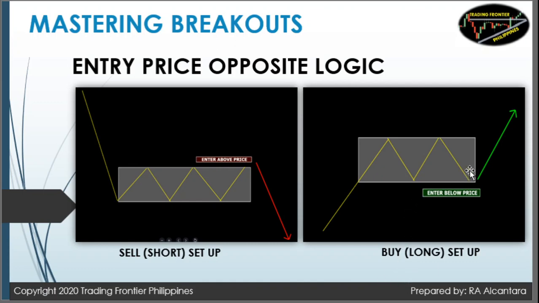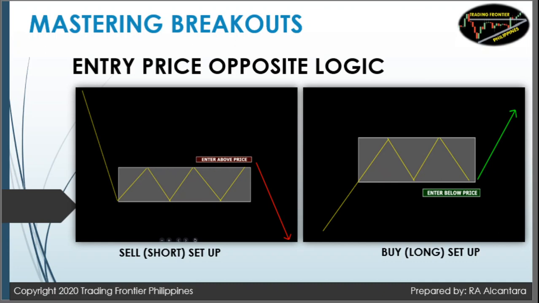Since alam natin normally pag may setup dito, nagpe-place sila ng stop loss, instead na stop loss, ang gawin ko, yung stop loss level na yun, ang gagawin kong entry for a better entry price using opposite logic entry. Diba? That's for buy or long setup. So, I guess natatawa kayo na, damn, at some point naman, probably it will work.